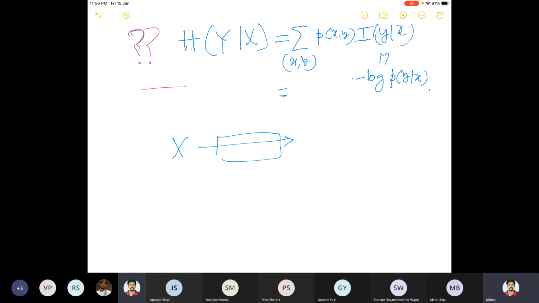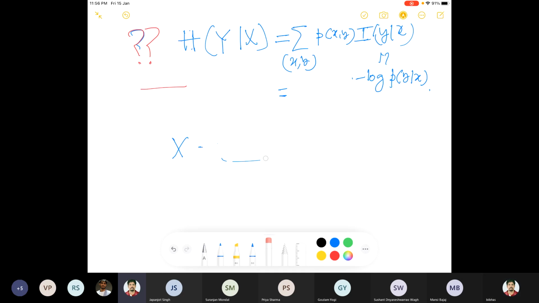Or maybe we'll write it this way: X goes in, there is a channel, and then this is the output.